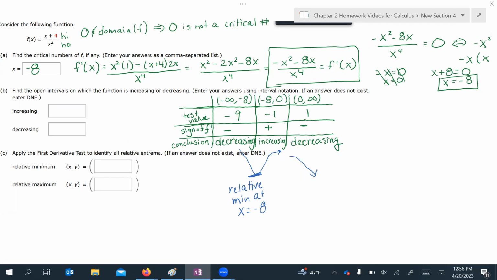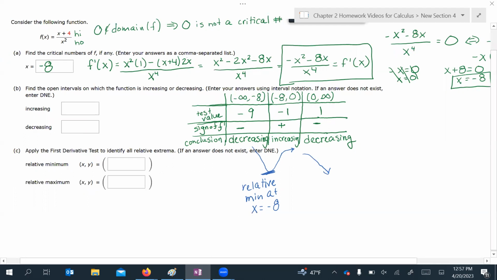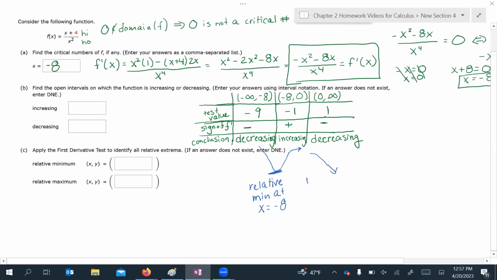And so we can probably expect that it's going to increase without bounds. And you have that vertical asymptote of x equals 0. From there, our graph switches to decreasing, and it's going to decrease without bounds. So for that reason, we have no relative max, and we only have a relative min.